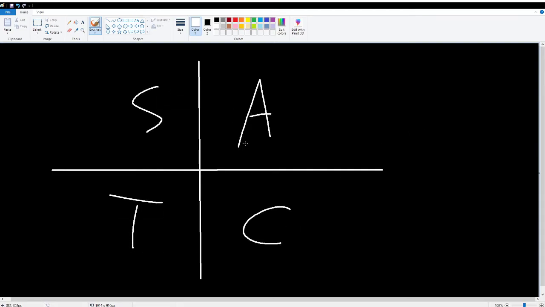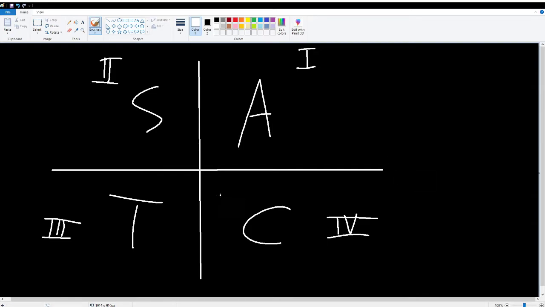Basically it says sine, cosine, and tangent are all positive in the first quadrant. In the second quadrant, only sine is positive. Third quadrant, tangent's positive. And for the fourth quadrant, cosine is positive. So cosine is only positive in 1 and 4. Sine is positive in 1 and 2. Tangent is positive in 1 and 3.